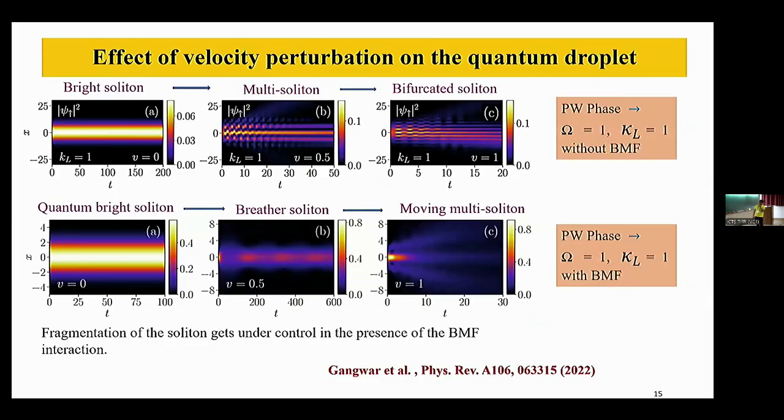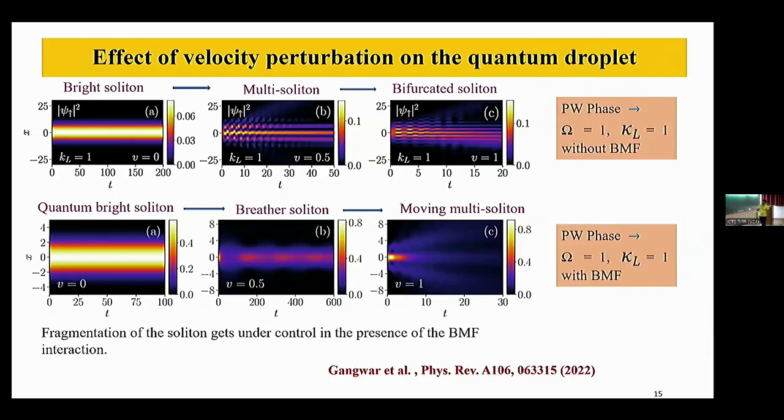So this is just the velocity perturbation. Here we get a quantum droplet, and once we give velocity to it, we have a breather-like structure, and it breaks into that breather-like structure. And once we give higher velocity, then multiple trains come into the picture.